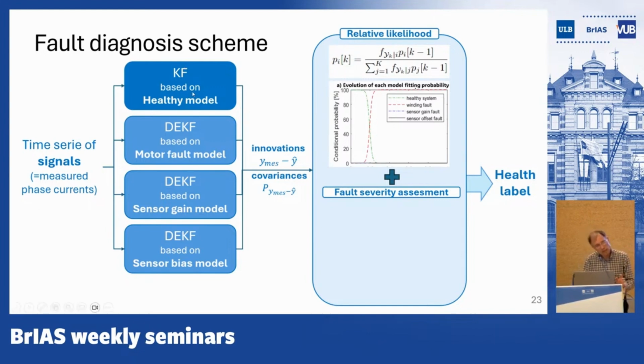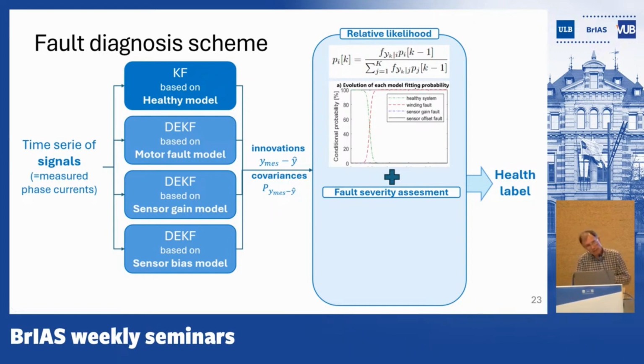So we will have one Kalman filter for the healthy model and 3 extended Kalman filters, or here it's dual extended Kalman filter, but I will not enter into the subtleties, one for each type of fault. And then from the innovation, we are able to determine the relative likelihood of each model.